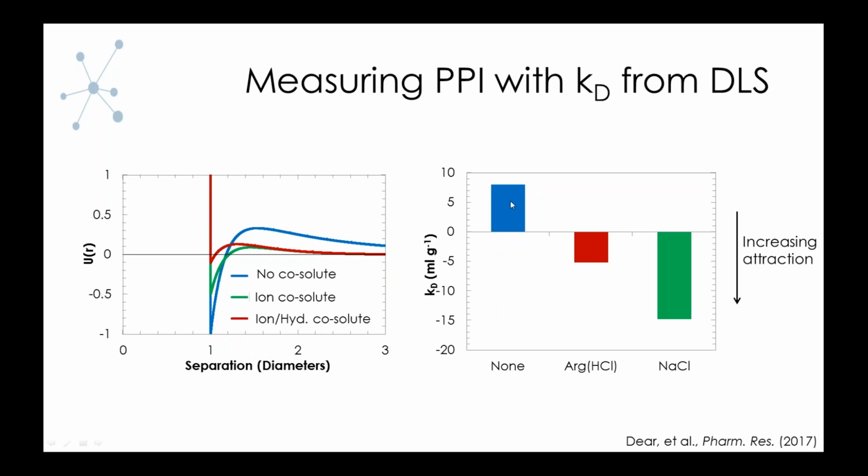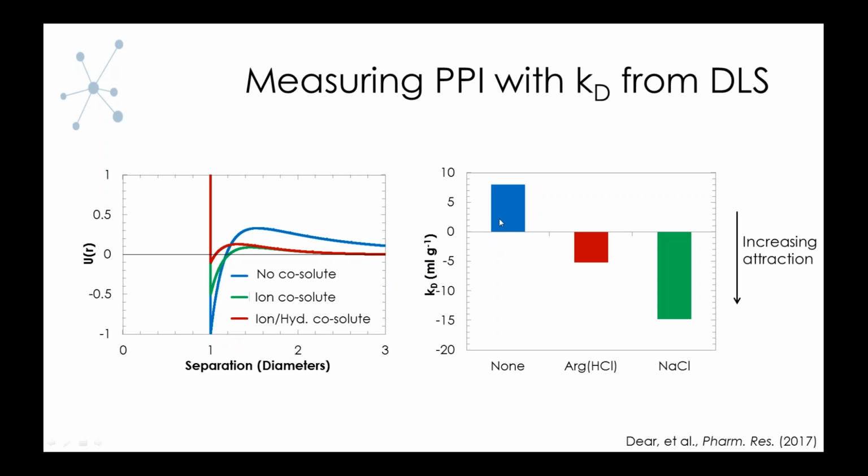As we mentioned earlier, when you go from no co-solid to adding any kind of ionic co-solid, you can screen the attractive well, but you're also going to screen the long-range electrostatic repulsion. Now, these DLS KD measurements are done at dilute conditions, so the average protein separation is very large compared to the viscosity measurements we were looking at earlier.